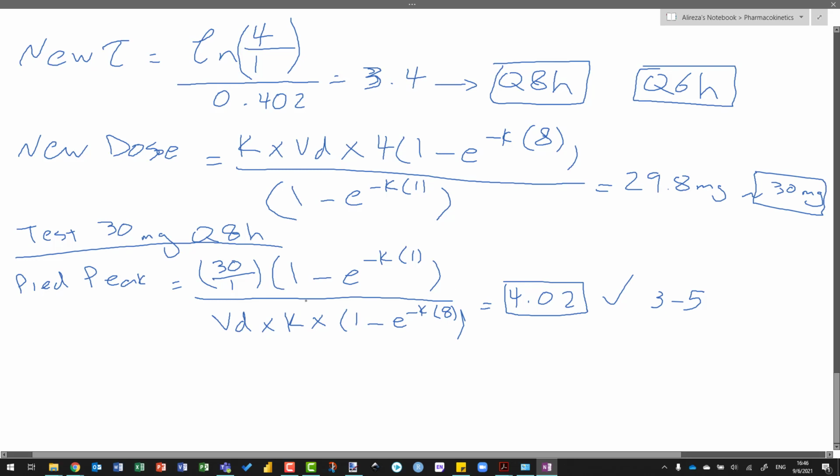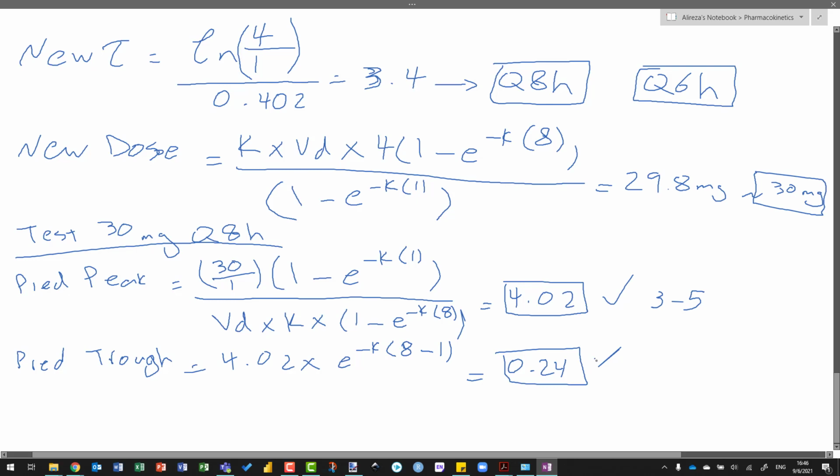Now let's see if this is safe. So predicted trough is basically 4.02 times e to the negative K times tau minus time of infusion. That will give us a trough of 0.24, which is excellent.